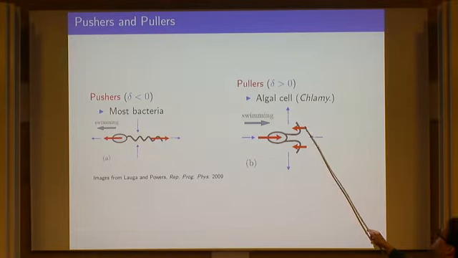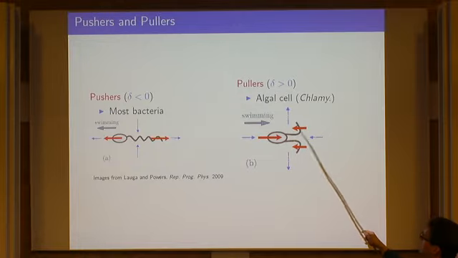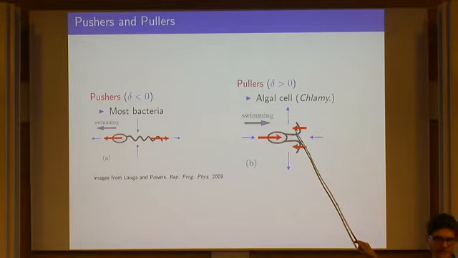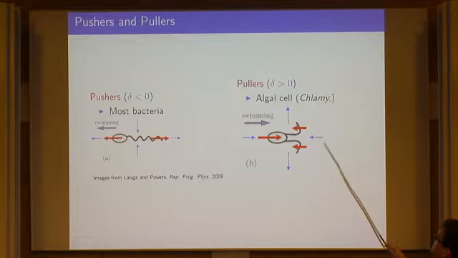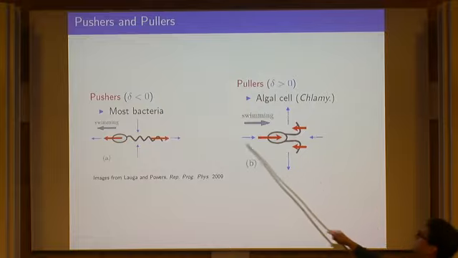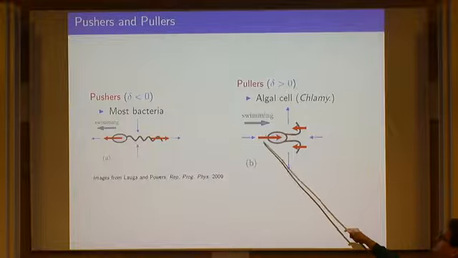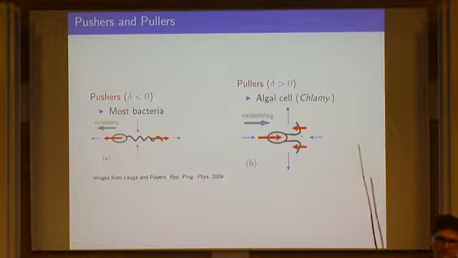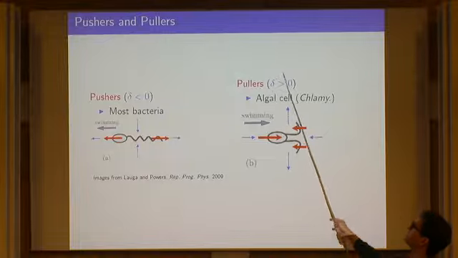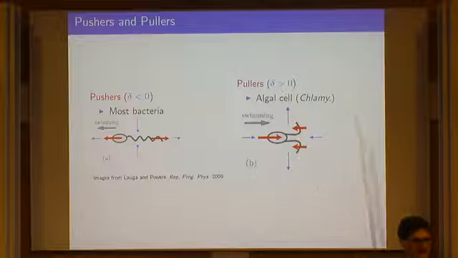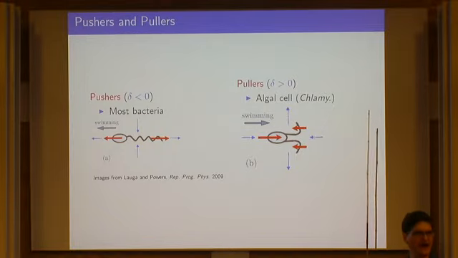There's a backward force in front of them that pulls them forward by Newton's law, an equal and opposite reaction. So the fluid is pulled in along the axis of swimming, and then by incompressibility pushed out in the transverse directions. That's the basic difference of the sign, and then the magnitude of the dipole is going to scale with the amplitude of how strong the flow is that's generated by these things on average due to their cyclic motion.